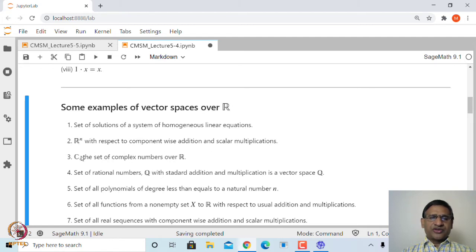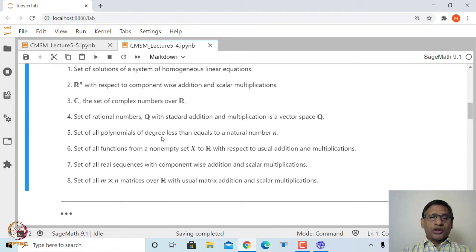Similarly, C, the set of complex numbers, can be made a vector space over R with respect to standard addition and scalar multiplication. The set of rational numbers is also a vector space over itself, because the set of rational numbers is a field. So, you can talk about Q as a vector space over Q. However, Q will not be a vector space over R with respect to the standard addition and multiplication.